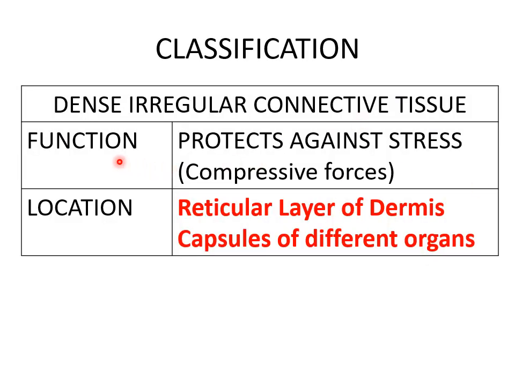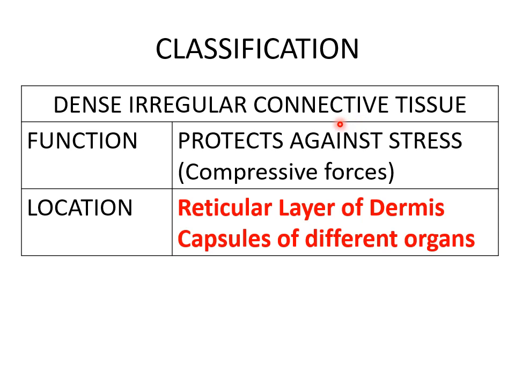Function ng dense irregular connective tissue is also against tension, lalong-lalo na compressive forces, yung dinidiin, such as kunyari kinurot ka, diniin yung nail dun sa skin mo. Bakit kaya bumabalik or hindi na-de-deform yung skin mo? Due to this type of layer in your dermis called reticular layer of dermis. Dito kasi meron kang presence of your dense irregular connective tissue.